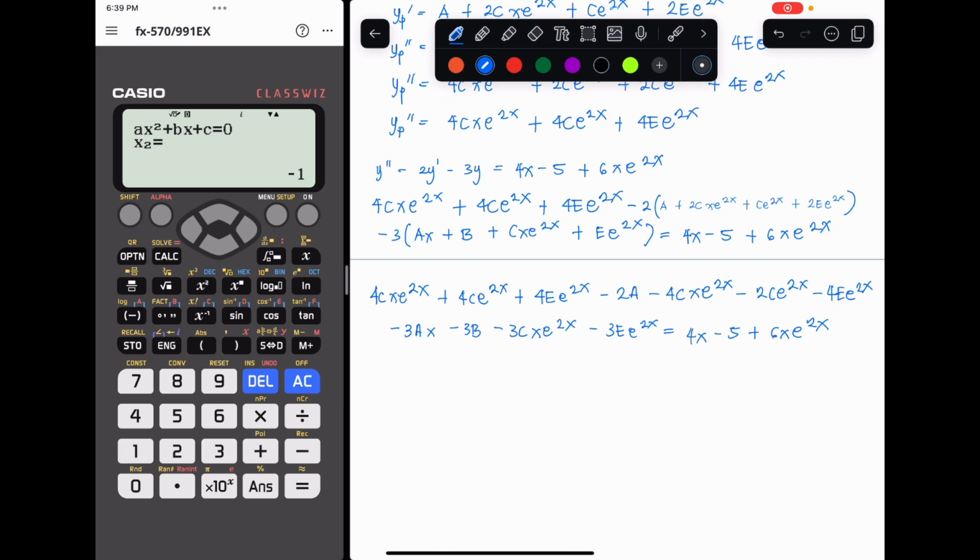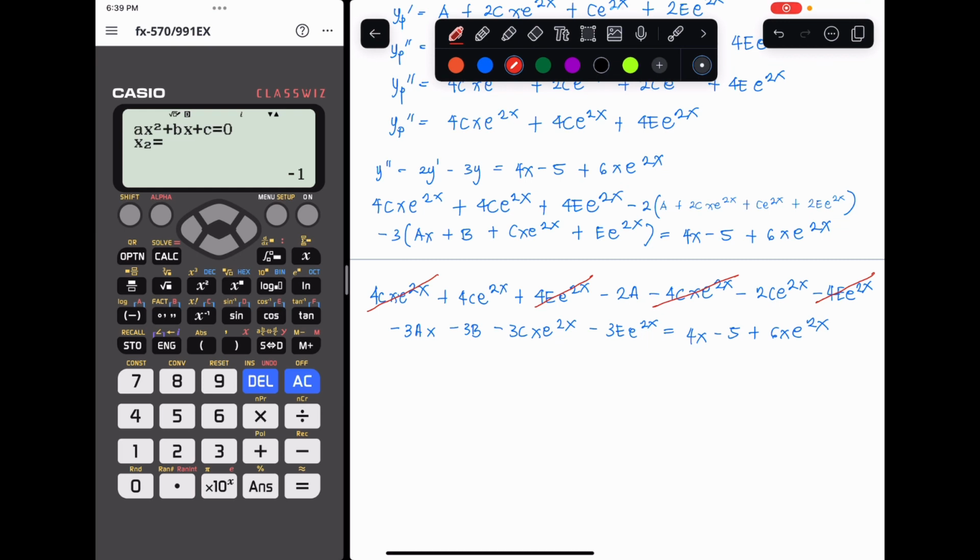So we can cancel out something here: 4cx e2x is the same as this one, so minus, then 4e2x and minus 4e2x as well.